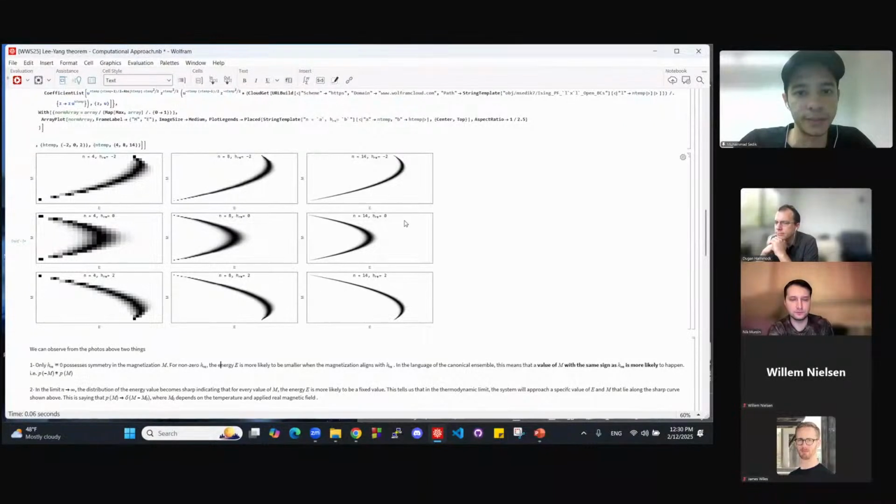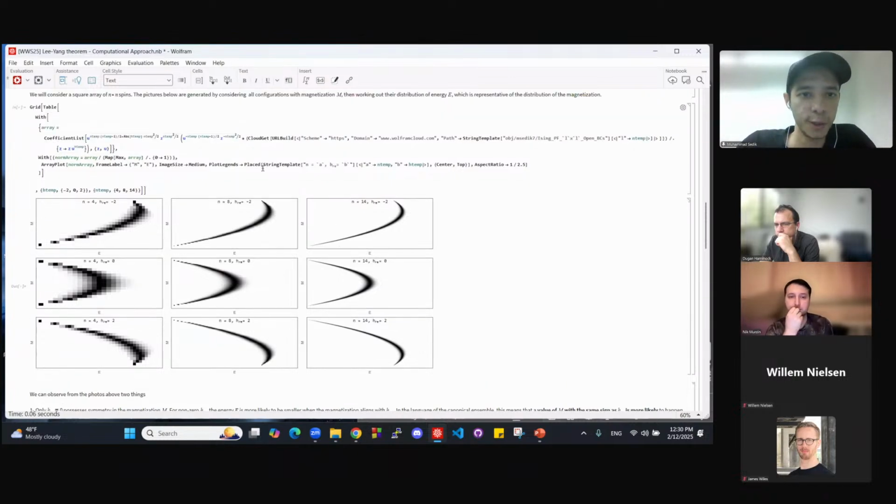Just looking at this distribution, one could see why the Lee-Yang theorem is correct. It's because of this skewed distribution. If the distribution is not skewed, then this part is going to vanish. It does not tell you exactly where the partition function vanishes, because you still need to worry about the cosine part of the partition function, and cosine is even.